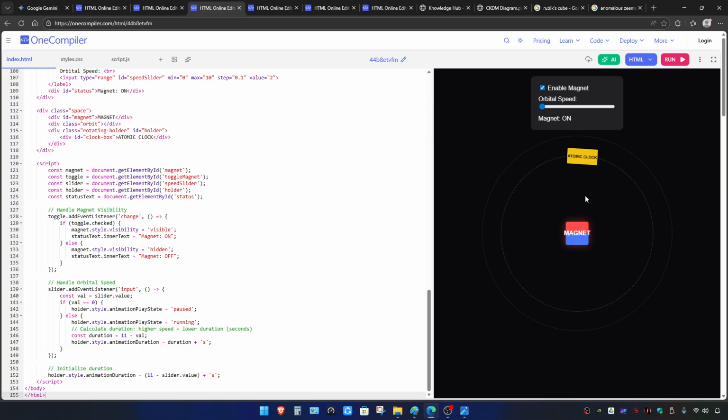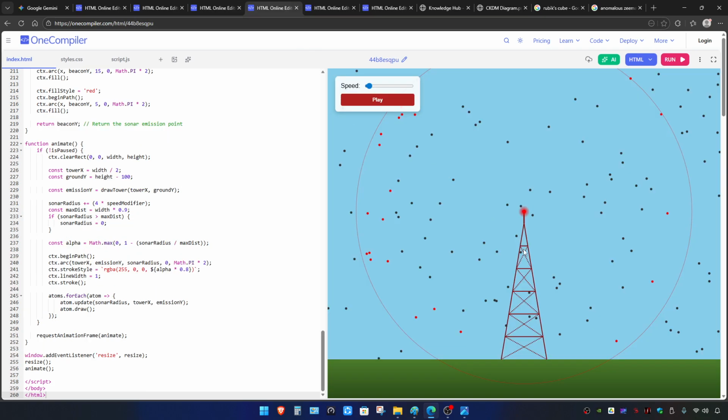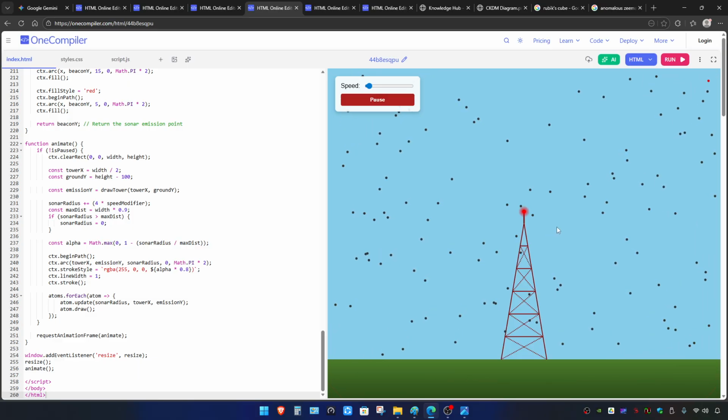This is my actual experiment of putting the atomic clock within a metal shield and making it move around a magnet. Without the magnet and with the magnet, we should be able to see the effect. Make sure to use an extremely powerful magnet, then the effect will be more apparent. And then the idea of how light as a wave is propagating.